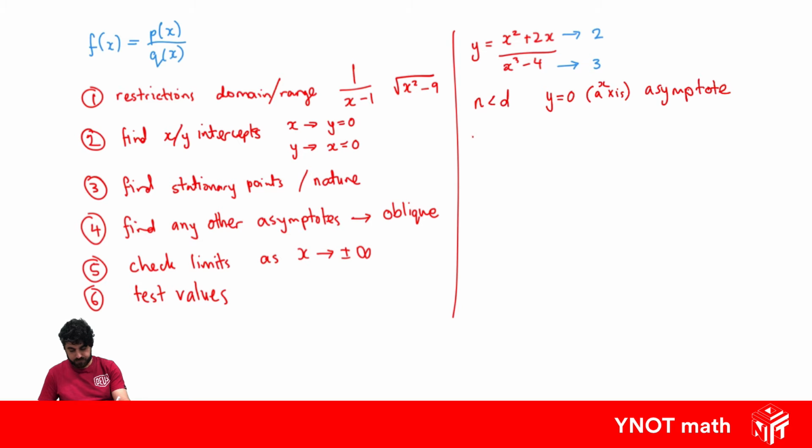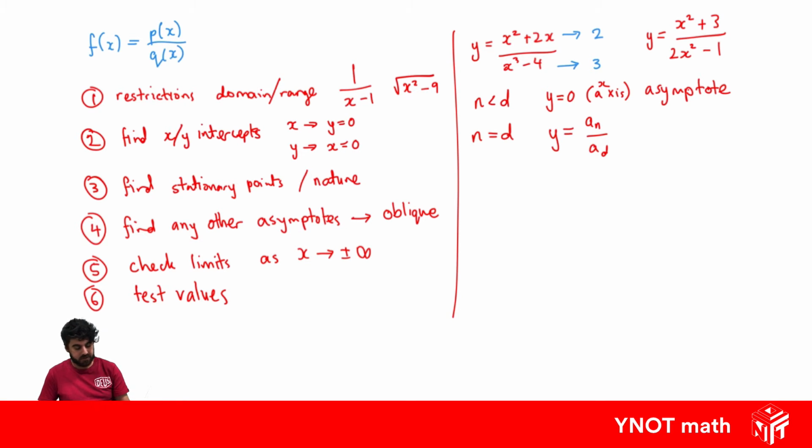If the degree of the numerator equals the degree of the denominator, there's going to be an asymptote at the ratio of the leading coefficient of the numerator over the leading coefficient of the denominator. An example of that might be y equals x squared plus 3 over 2x squared minus 1.